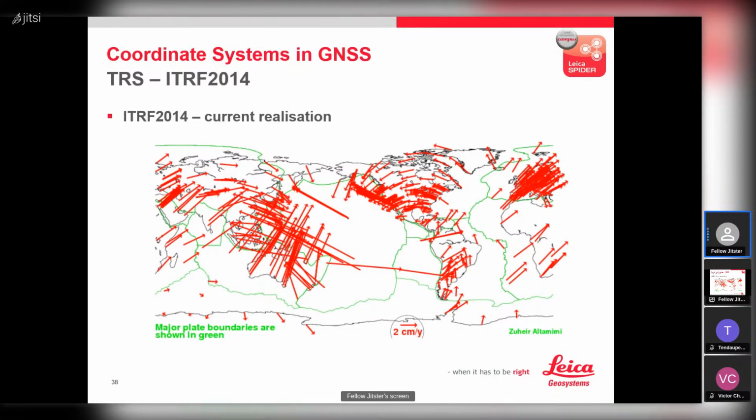The main problem, I don't know about your monumentation. The main problem here with IGS stations is that they would not accept the monuments. The monuments are not stable enough for them. And the second problem is that the monument should be in Earth, not on the building. They don't want to monitor the shift of the building, for example, because sometimes buildings can vibrate.